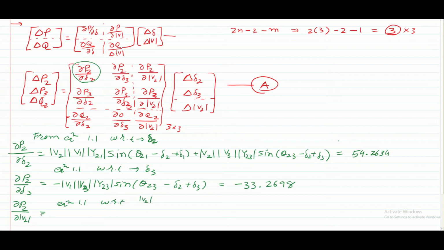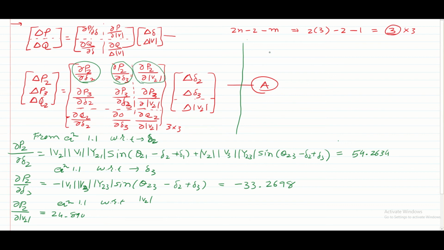So you will get the final answer, which is 24.890. Clear? Now we write over here the rest of the parameters. We have calculated the first three parameters, del P2 by del delta 2, del P2 by del delta 3 and del P2 by del V2.